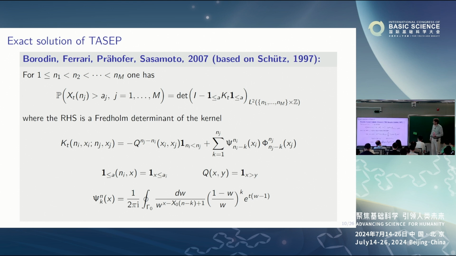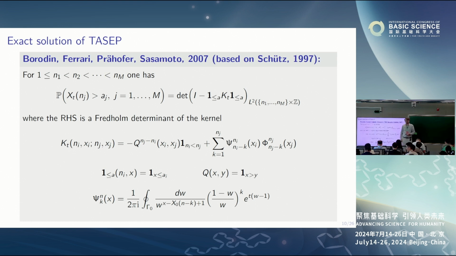Okay, so the Fredholm determinant is defined in a suitable space, and the kernel inside the Fredholm determinant has a quite nice structure. Okay, so it is surrounded by projections, which are defined here, but the kernel K_t itself has the following formula. It has two terms.